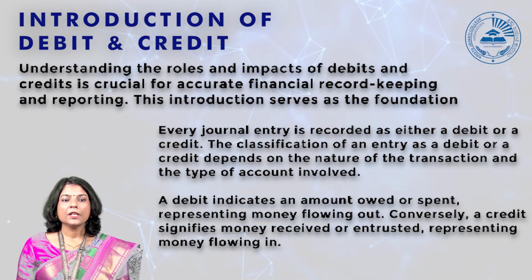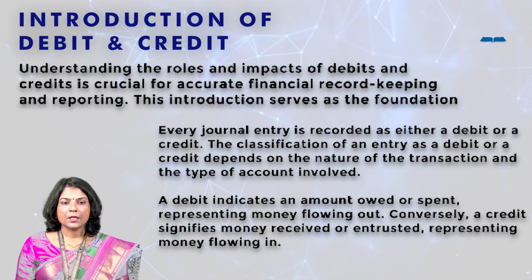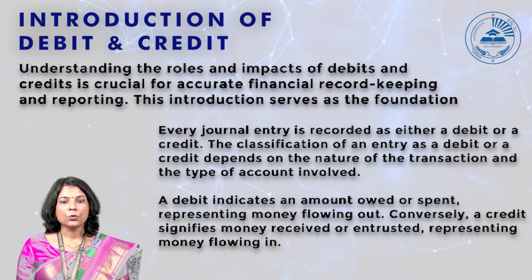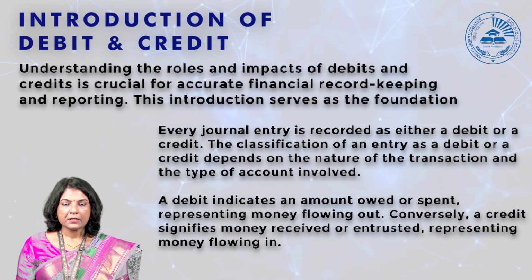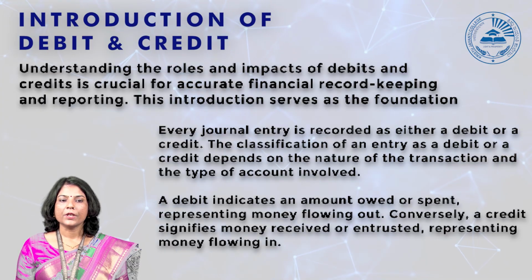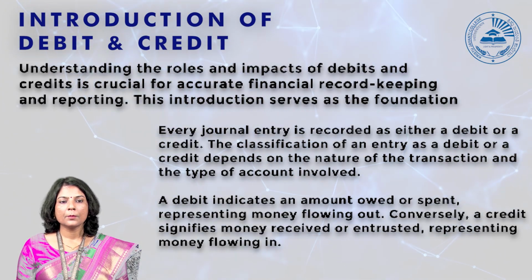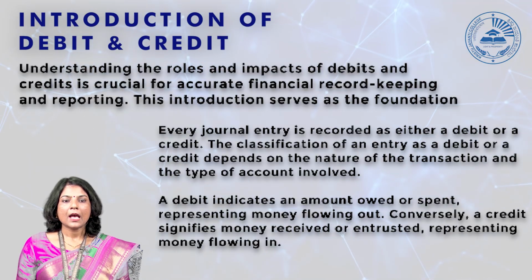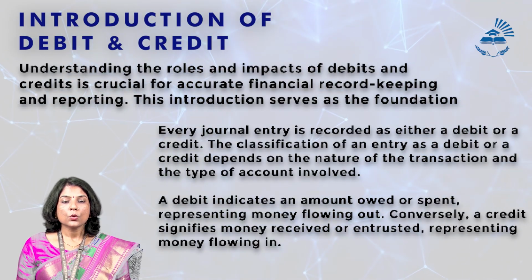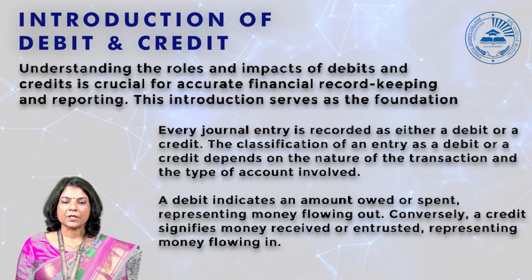Now coming to what is debit. A debit indicates an amount owed or spent, representing money flowing out. Whenever money is flowing out from the business, from the company, that is a debit. A credit is the opposite of the debit side.